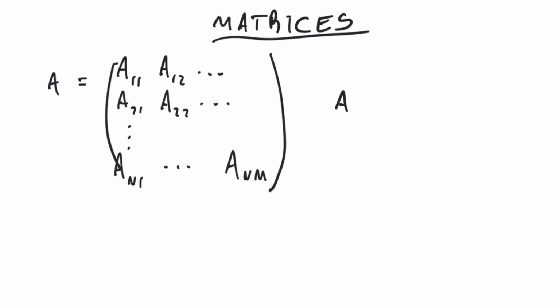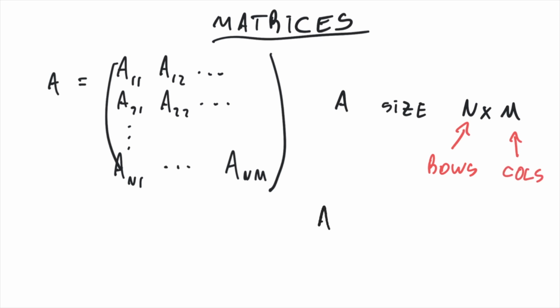So this would be a matrix A of dimensions n times m. Here n is the number of rows and m is the number of columns. Now I will generally refer to matrices as Aij, where i is an index in the rows from 0 to n minus 1, and j is an index in the columns from 0 to m minus 1.